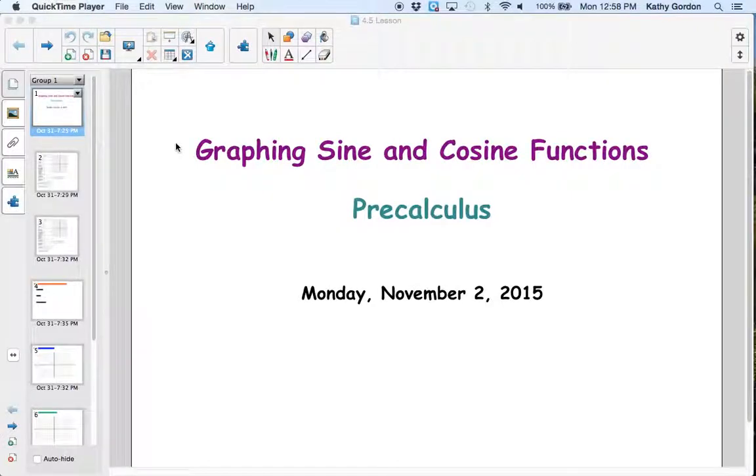Today we want to take a look at sine and cosine more as functions, like other functions we've talked about. And so that means graphing them, and graphing them on a two-axis kind of setup.